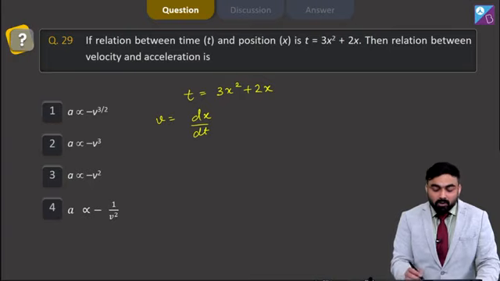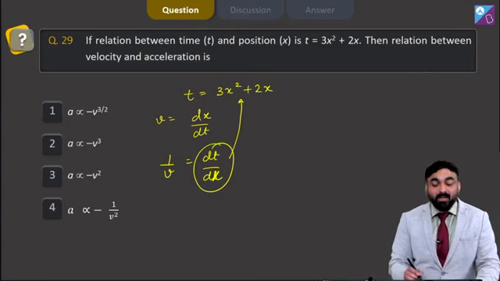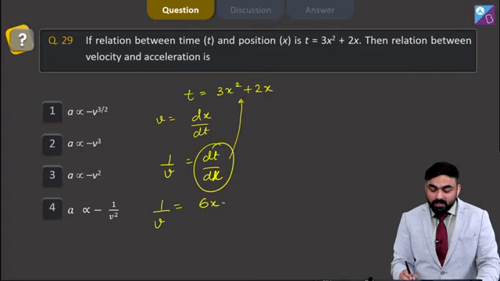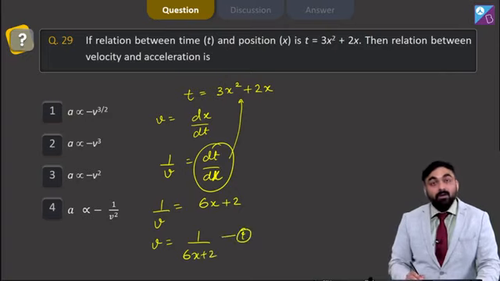Now we can also rearrange this as 1/v = dt/dx. To calculate dt/dx from this expression, we have 1/v = 6x + 2, or we can write it as v = 1/(6x + 2). This is equation number 1.